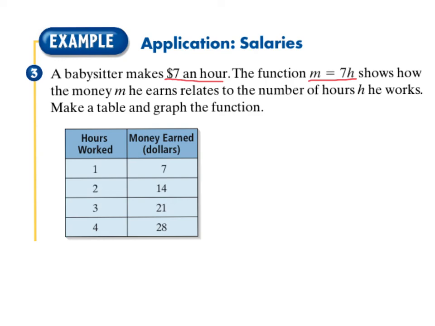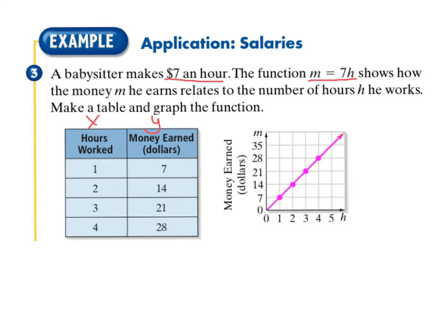The hours worked, or your independent variable, is always your x, and your dependent variable is always your y. So if we look at a graph of those points, you'll see that they go up incrementally, obviously because we're multiplying.